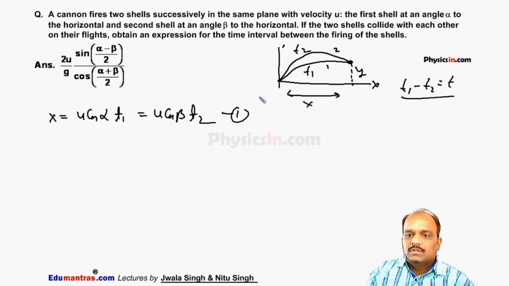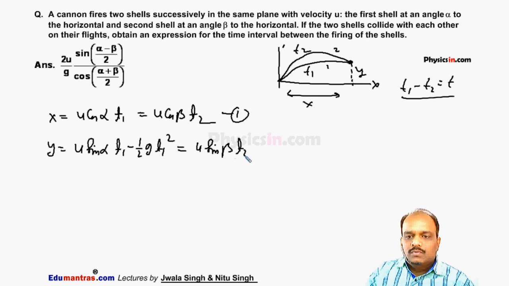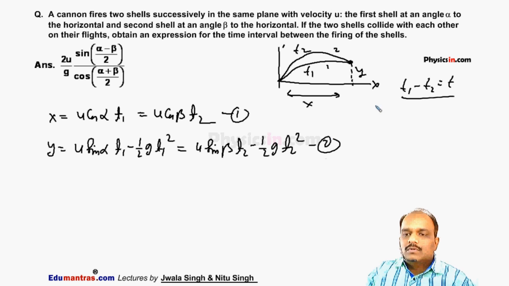And similarly, y is also the same. So I can say y is equal to u sin alpha into t1 minus half g into t1 square must be equal to u sin beta into t2 minus half g into t2 square. This is the second expression. We also know t1 minus t2 is equal to t. This is our third expression.